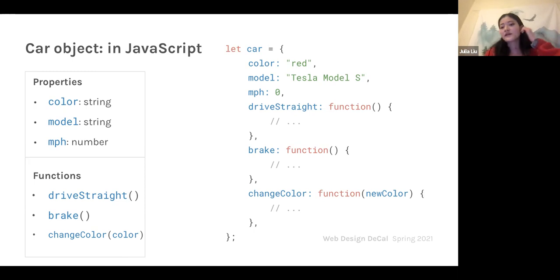You can think of the functions as properties as well, in terms of assigning the function to a property that's called drive straight. This is just the syntax of how you create objects in JavaScript. So you don't use let for the properties and the functions within the object.